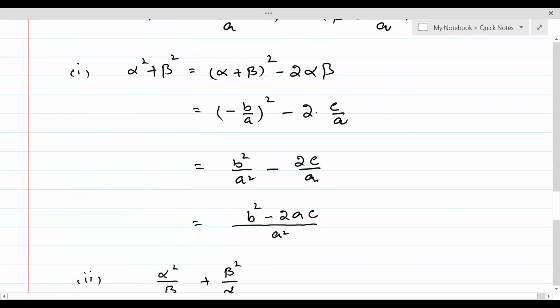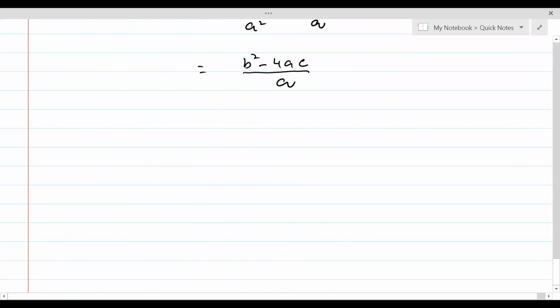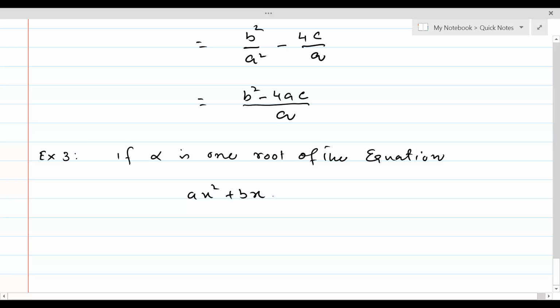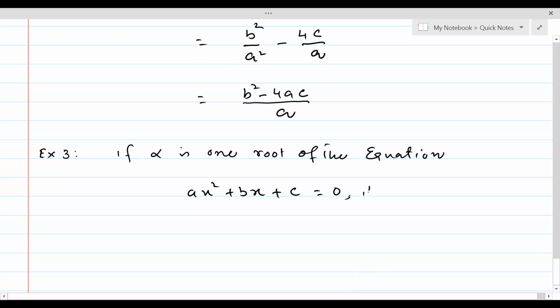So if alpha is one root of the given equation, so example number 3, if alpha is one root of the equation ax square plus bx plus c equal to 0, then the other root will be, what does this question say?